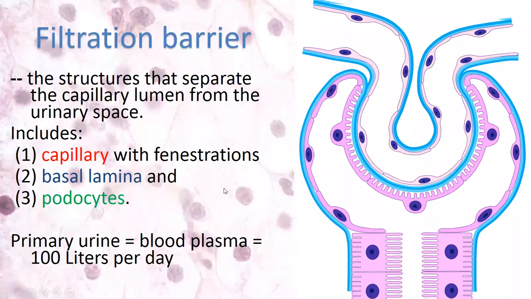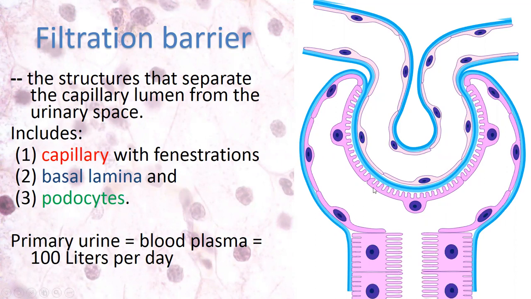So the filtration barrier includes the following structures. It's the wall of the capillary, which includes endothelium, simple squamous epithelium with fenestrations or pores. Also the basal lamina or common three-layered basement membrane, which is a result of fusion of two basement membranes, and also podocytes. So the filtration barrier contains three layers.